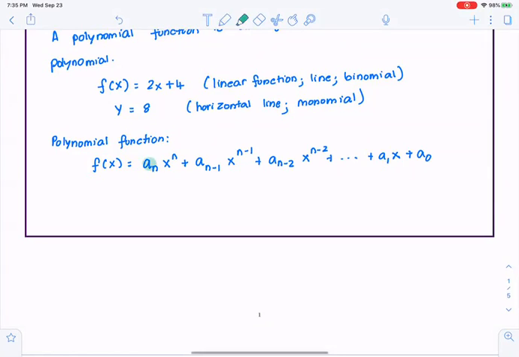So all of those terms are constants. That is a general expression for a polynomial.